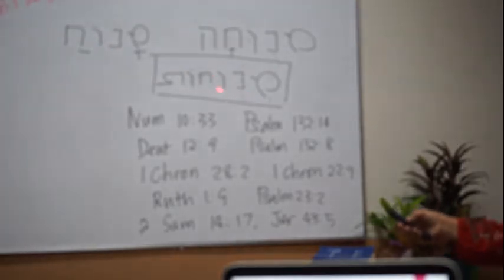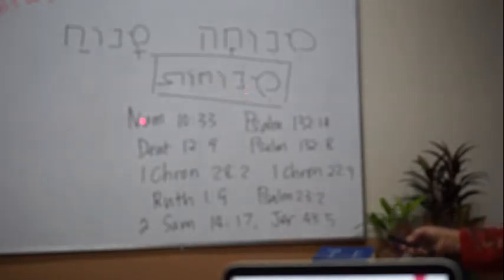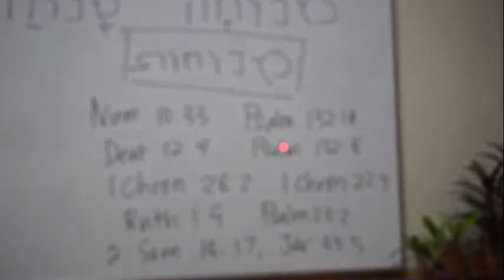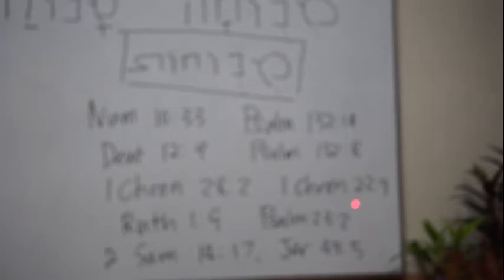So you look and search the lexicon for examples of these words in the Hebrew Bible. So we have Numbers 10:33, Deuteronomy 12:9, 1 Chronicles 28:2, Ruth 1:9, 2 Samuel 14:17, Psalm 132:14, 132:8, 1 Chronicles 22:9, Psalm 22:2, Jeremiah 43:5.